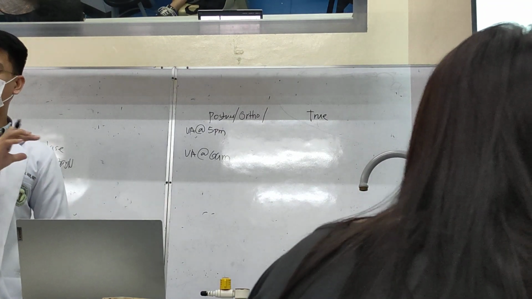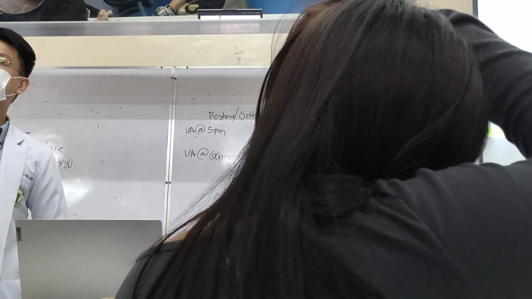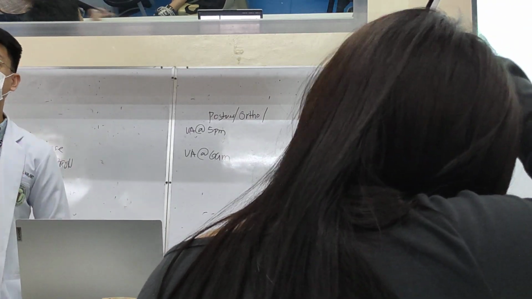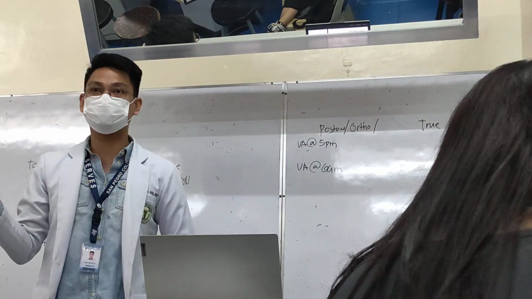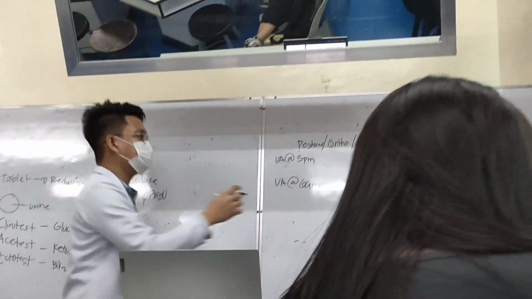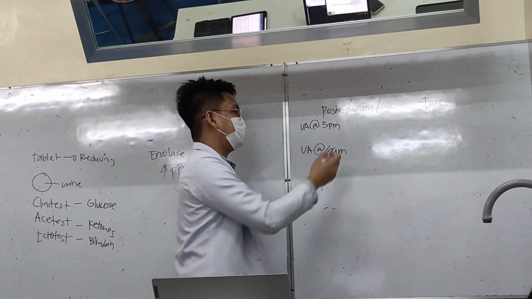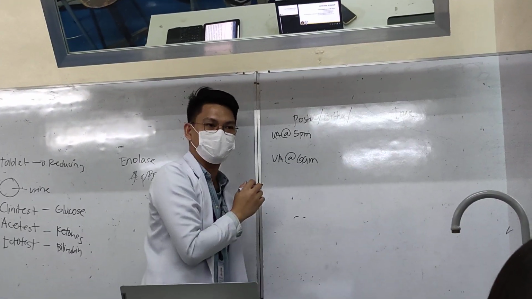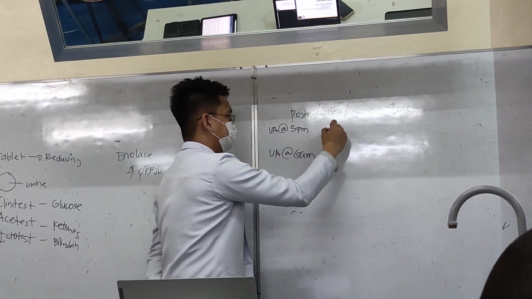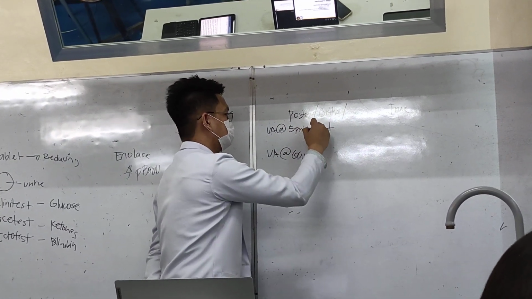Expected class, if nag-prolong kag standing or nag-strenuous exercise ka, possible protein can pass through to your glomerulus. Okay? So if I'm going to undergo urinalysis at 5 p.m. after a long day of standing, what will happen to the result of my protein? Positive or negative? Positive.